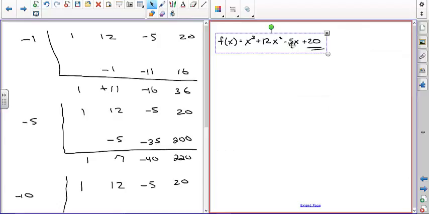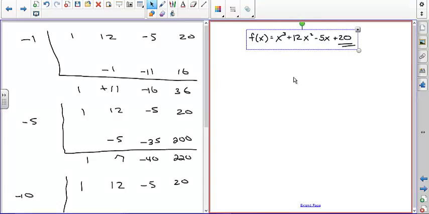Okay, so we're just going to take the first and second derivative and find the zeros. So we take the first derivative of this, and we'll get 3x squared plus 24x minus 5.